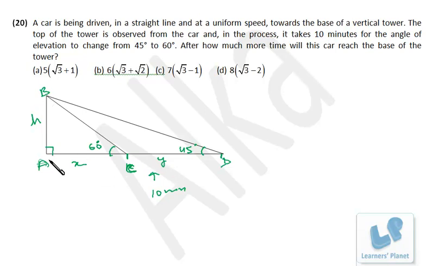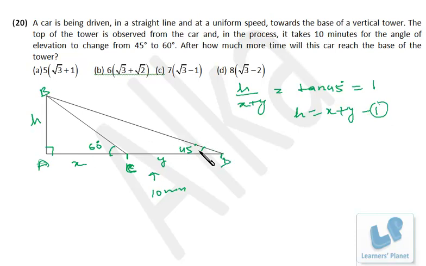Now if I take triangle ABD, so in triangle ABD, this is H by X plus Y, that is perpendicular by base is tan theta, so that is tan 45 degree, and that is 1, right? Since tan 45 degree is 1, so H is equal to X plus Y. This is the first equation.